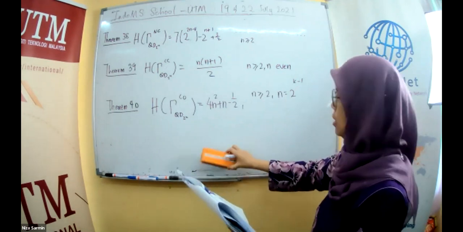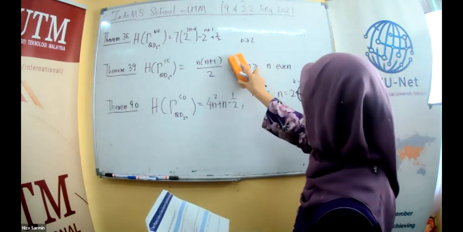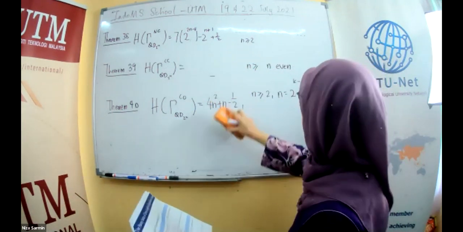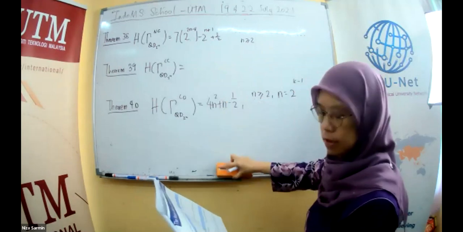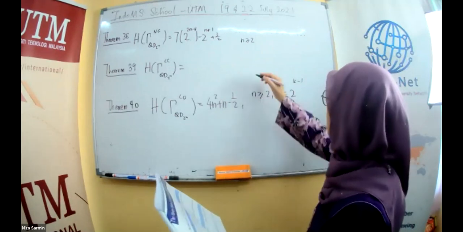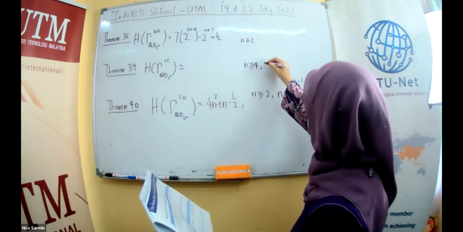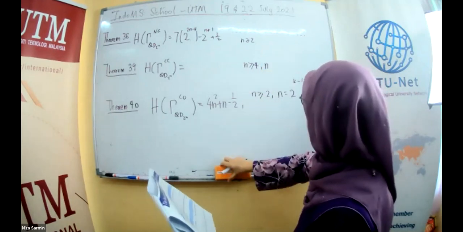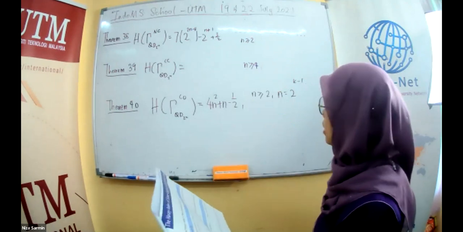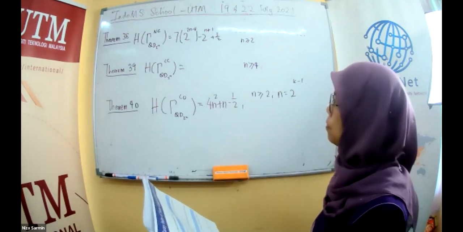For this one, when we have the different little bit, right? The condition with order n bigger than or equal to 4.